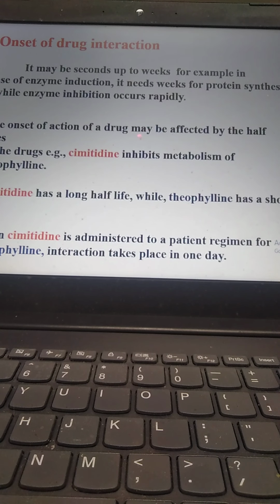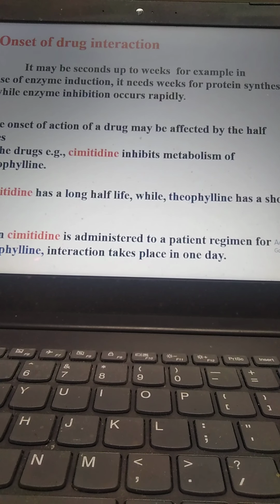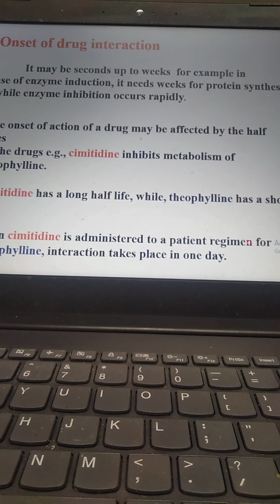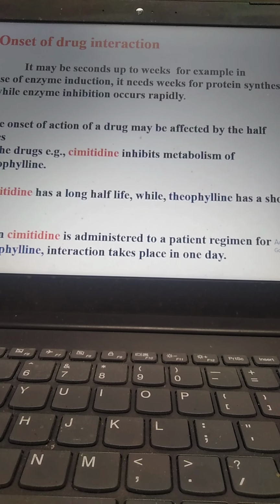The onset of action of the drug may be affected by the half-lives. The drug cimetidine inhibits the metabolism of theophylline. Cimetidine has a long half-life while theophylline has a short one. When cimetidine is administered to a patient on a theophylline regimen, the interaction takes place in 1 day because of the inhibition.